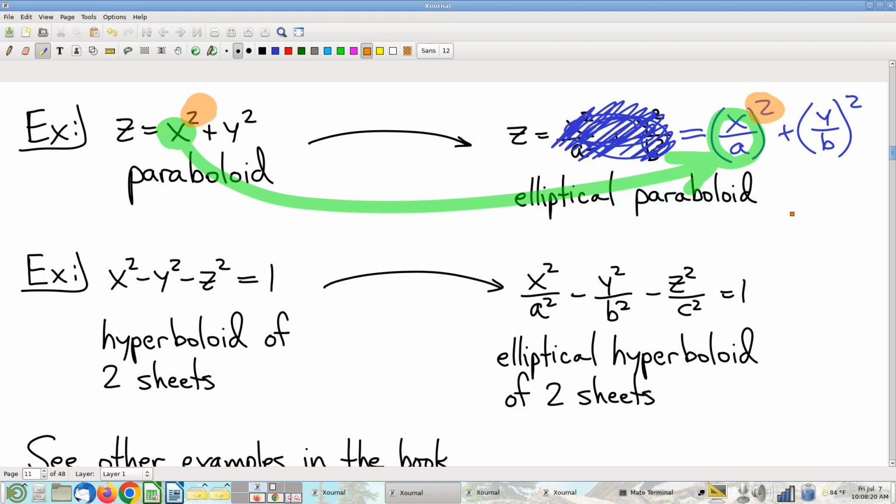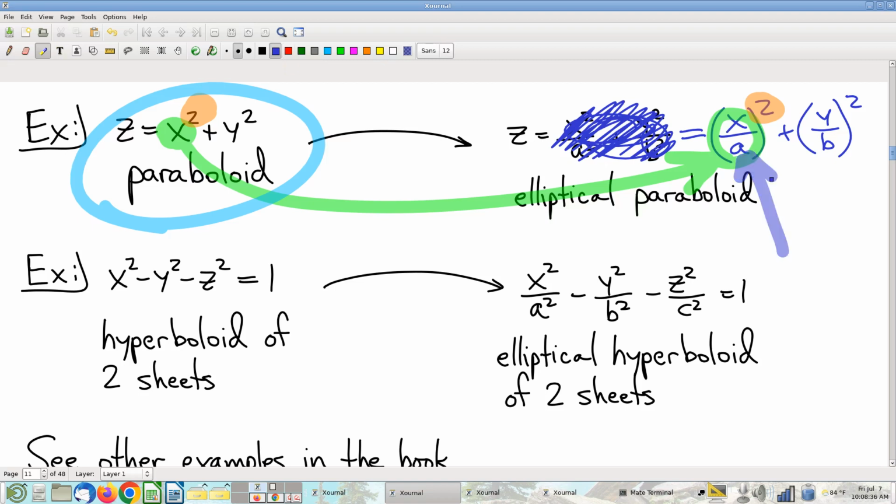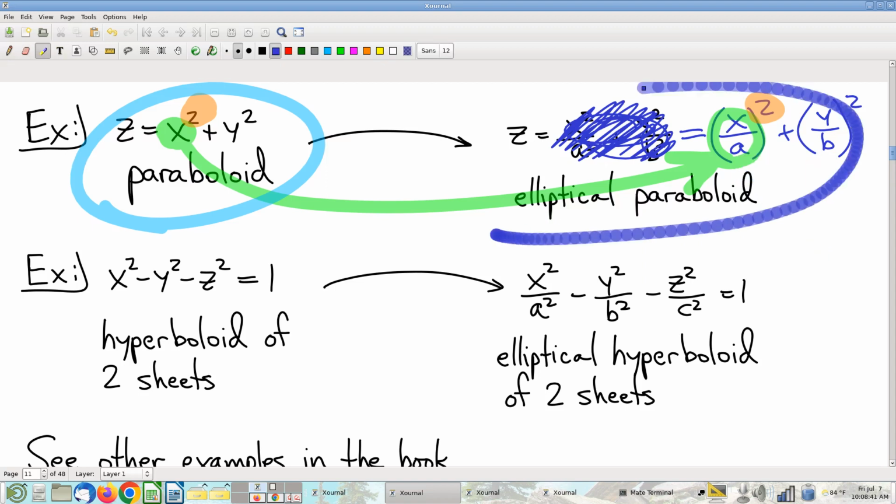Anyway, nice punchline is that we started with a paraboloid that we already understood. And having started with a paraboloid, the result was that the paraboloid got stretched out in the x direction and it got stretched out in the y direction. And so instead of having circular cross sections, it has elliptical cross sections, and thus the term elliptical paraboloid.